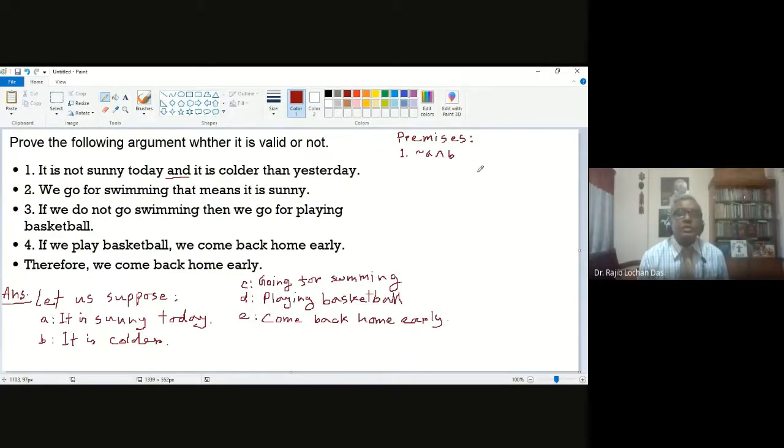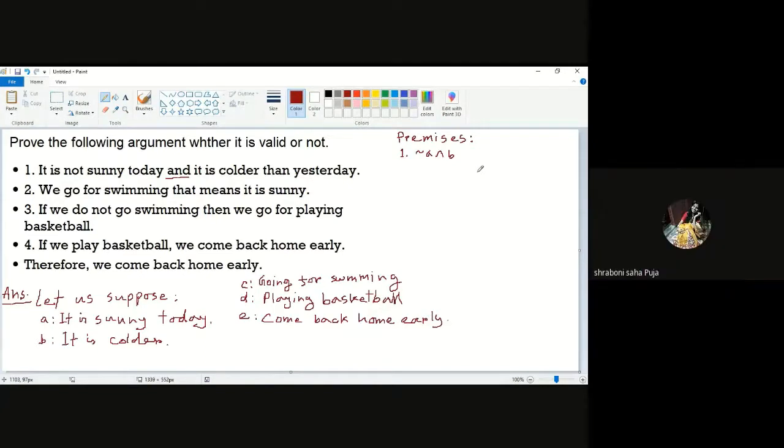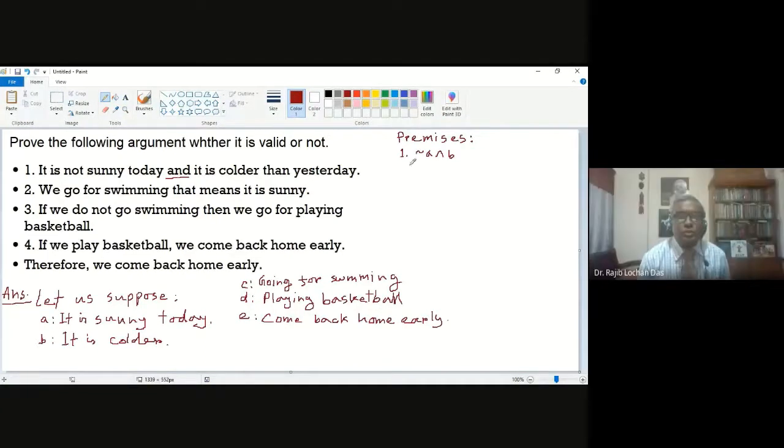Is that okay up to this? Yes, sir. So go for the second sentence, sentence number 2. What is the second sentence here? The second sentence is, if we do not go swimming, then we go for playing basketball.